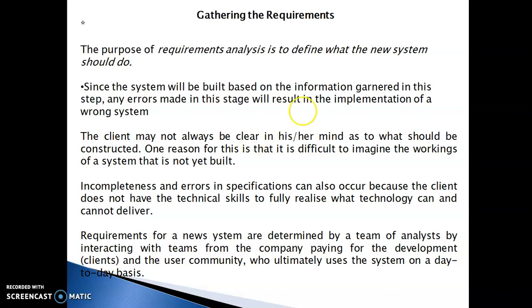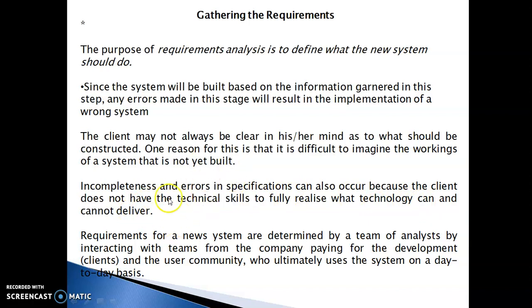Incomplete or errors in specification can also occur because the client does not have the technical skills to fully realize what technology can and cannot deliver.